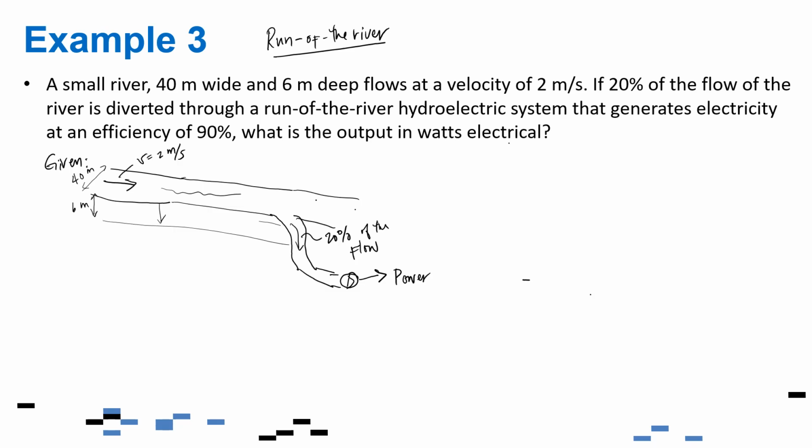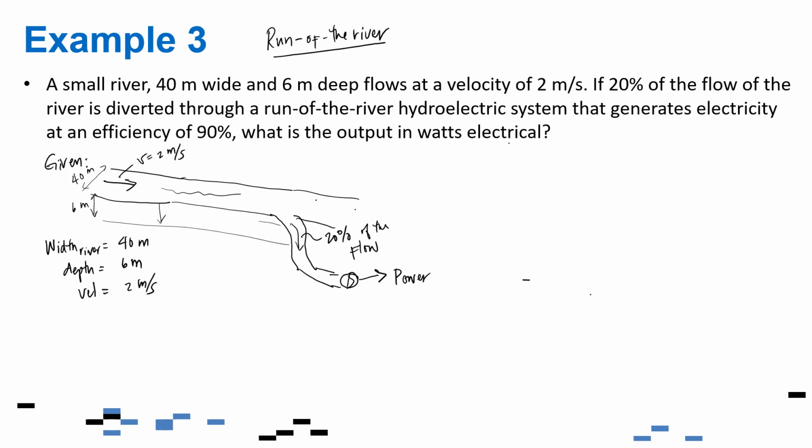So the given now: the width of the river is 40 meters, the depth of the river is 6 meters, and velocity is equal to 2 meters per second.